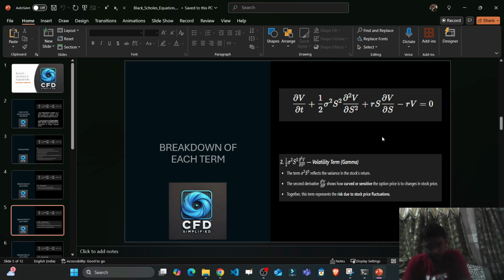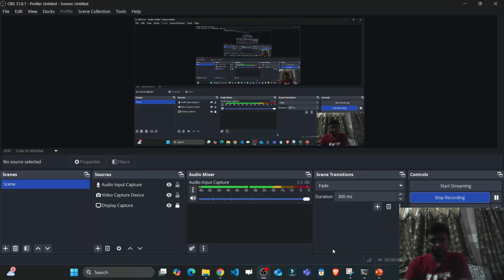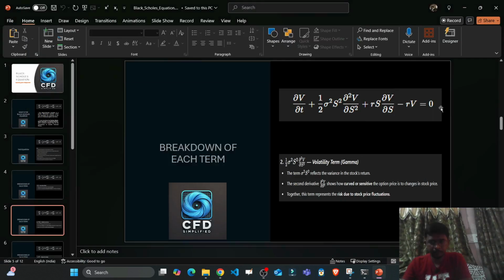You will hear the word stock more in that part. In general, it is the trend and the fluctuations in the price which you will get in return, that sigma square S square is representing.